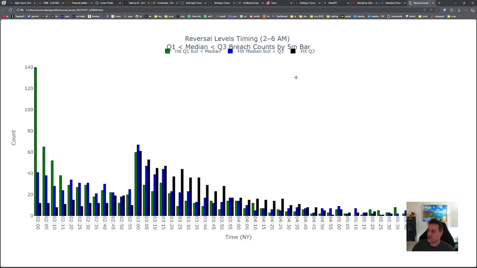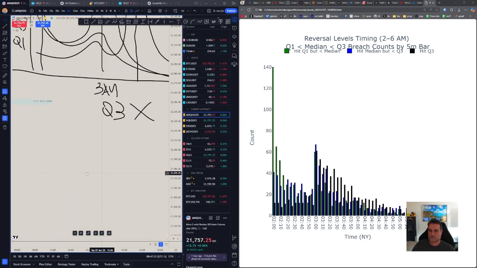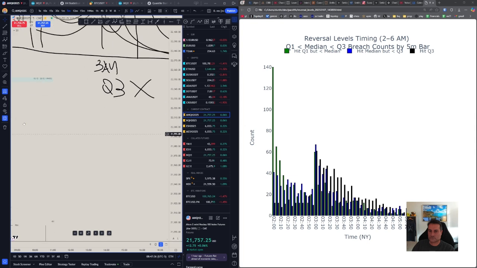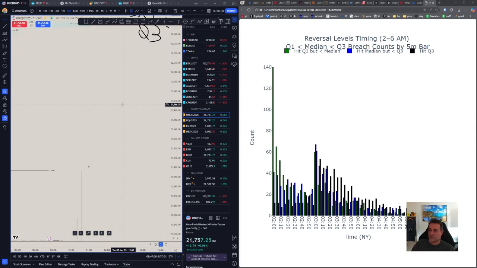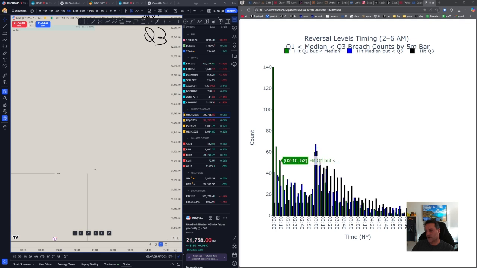So what conclusions can we draw from this? Actually, there is something you can draw from this. So what conclusion can we draw from this? That the more time passes after 2, the more the manipulation is going to move towards the median.